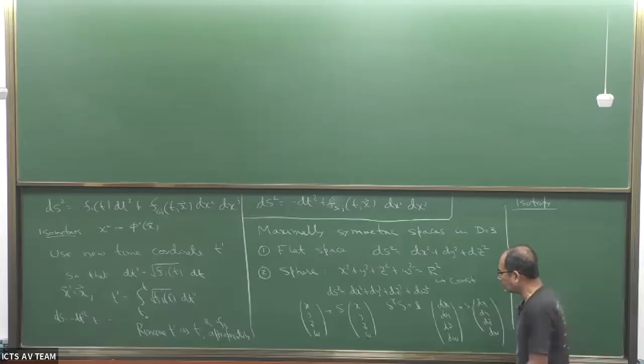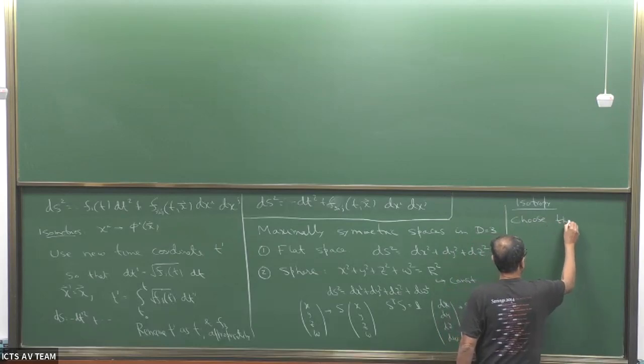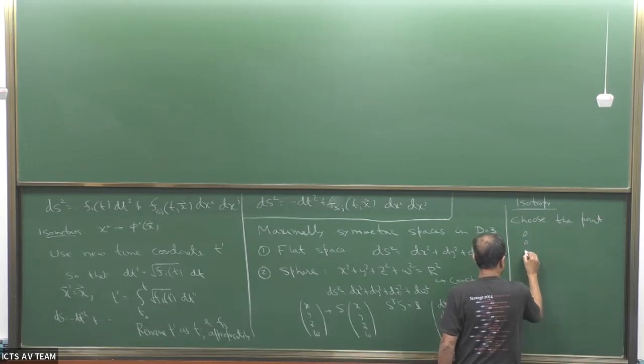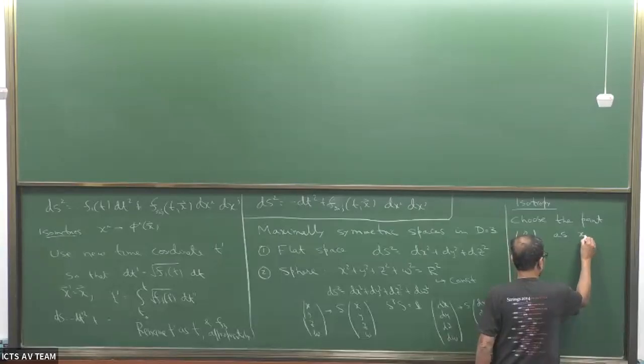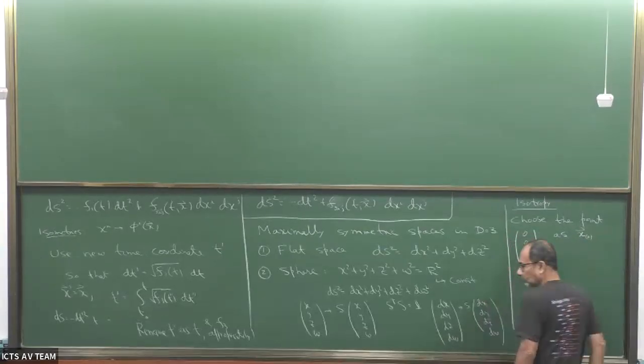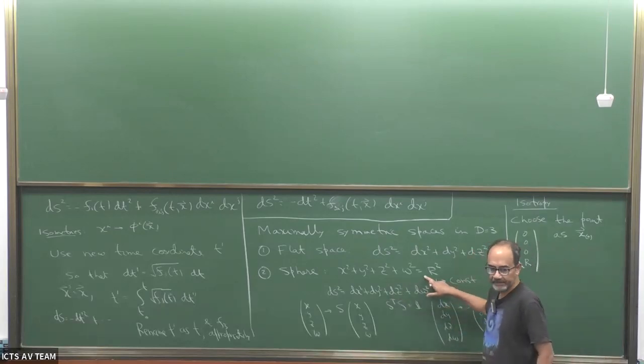So we choose a point, 0, 0, 0, r, which we call x naught, and the x1 and x2 you have to choose. This is a point on the sphere, it satisfies this equation. So if you can prove isotropy around this, we are done.